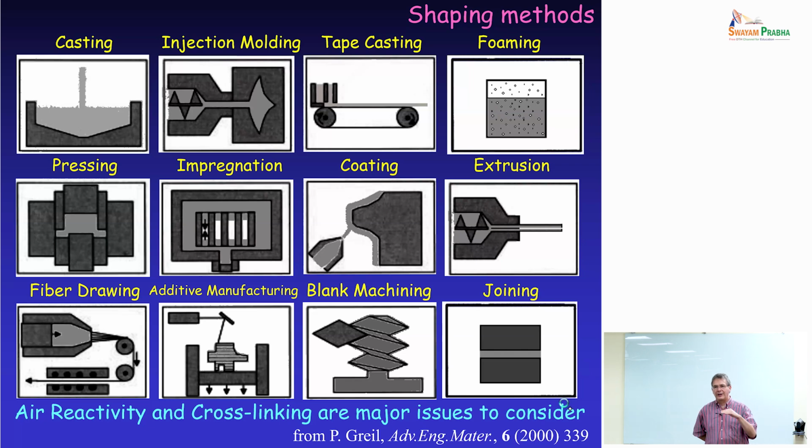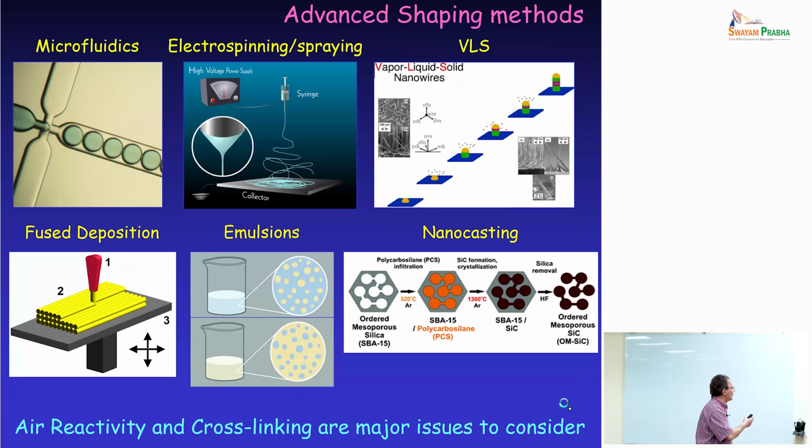So you use that as an interlayer between ceramic blocks, and after pyrolysis, you have developed a ceramic bond. By the way, we also used microfluidics for making specific parts, electrospinning, electrospraying, and you can also use the vapor liquid solid formation on nanowires. I will show you some examples.